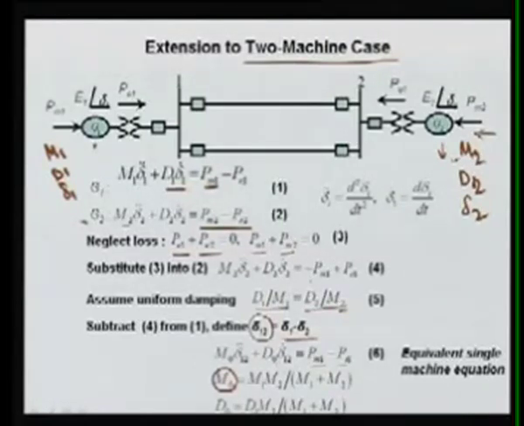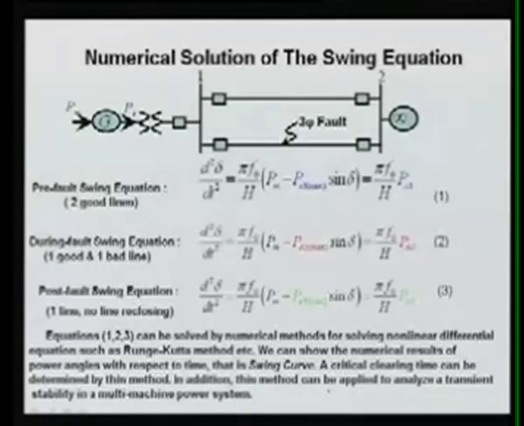Similarly, D naught will be D1 into M2 divided by M1 plus M2. So this is your equivalent system, and we can again apply our equal area criterion.